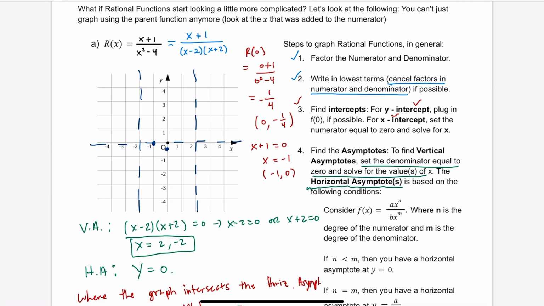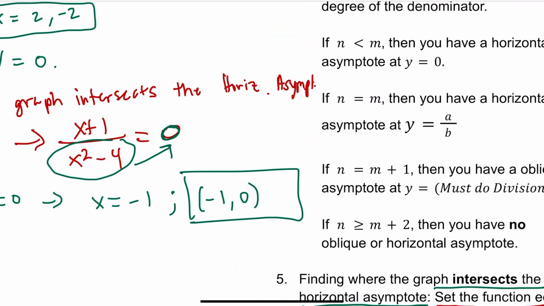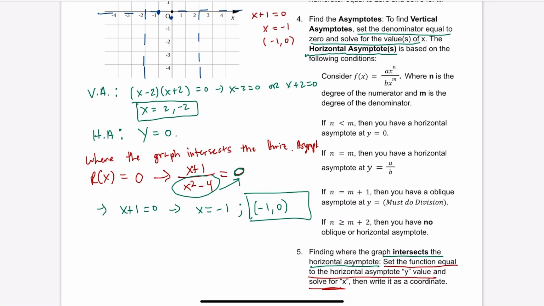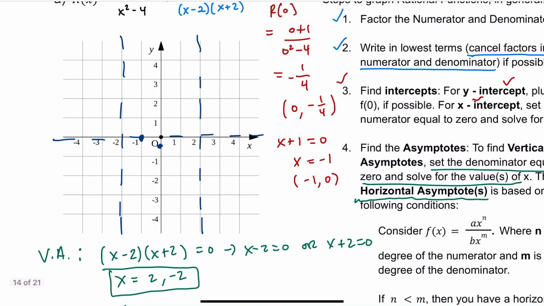We're almost there. So the last part is graphing wherever the graph is going to cross the horizontal asymptote. But if you notice, it's actually the same thing as your x-intercept. So it's right here, this little one right here. Now, this is where I'm briefly going to stop and say why it crosses.